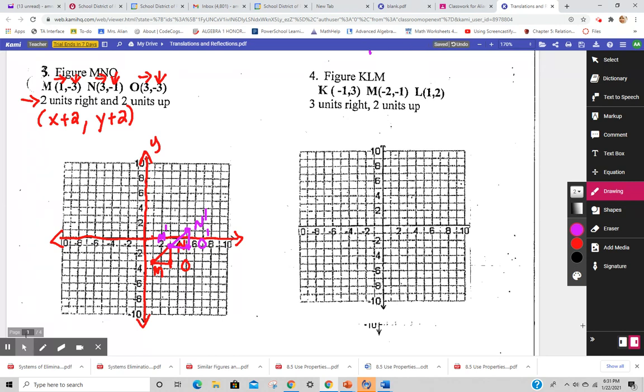Figure KLM. Let's plot the points. So you're going to go left 1, up 3 for K. Let's draw in the y-axis and the x-axis.